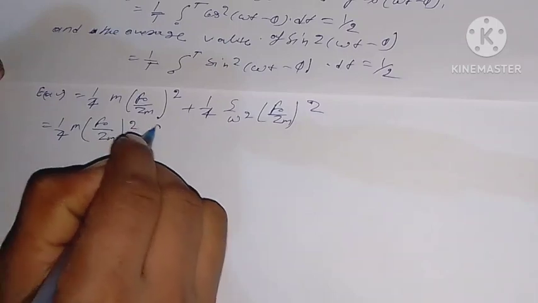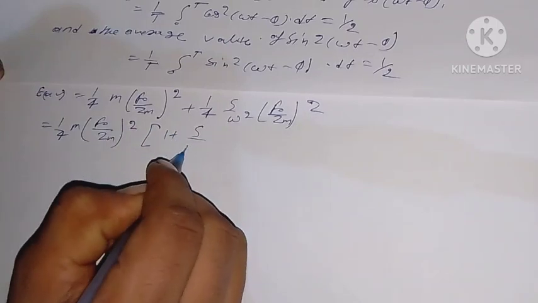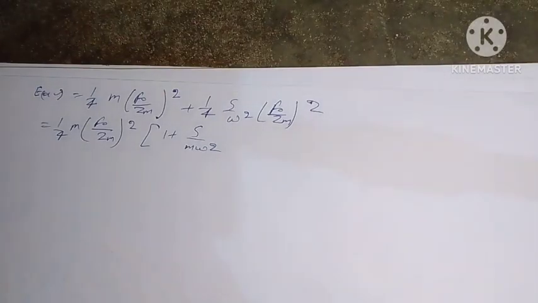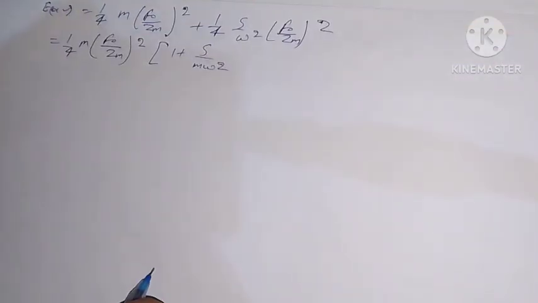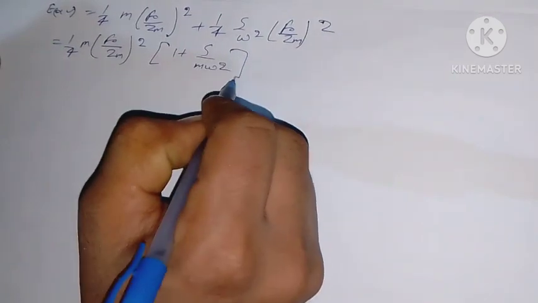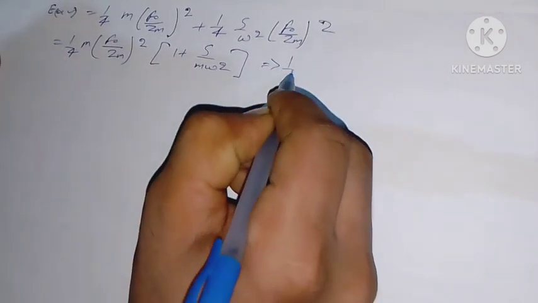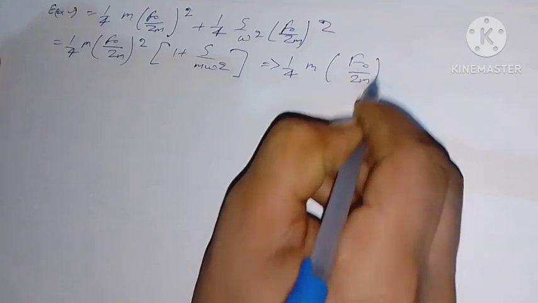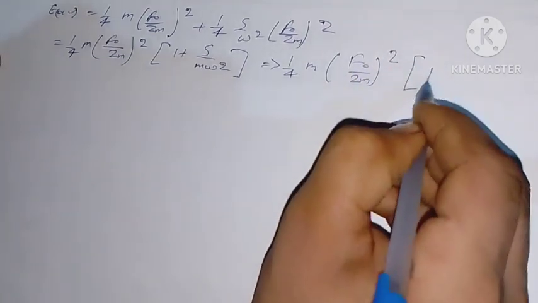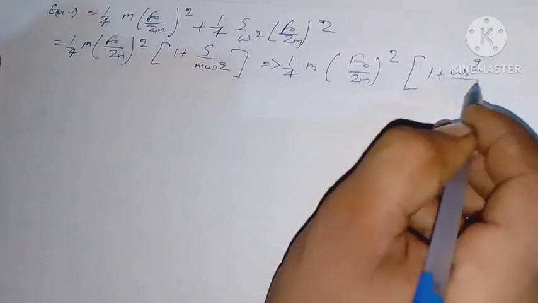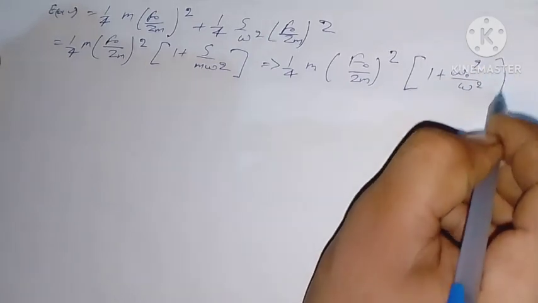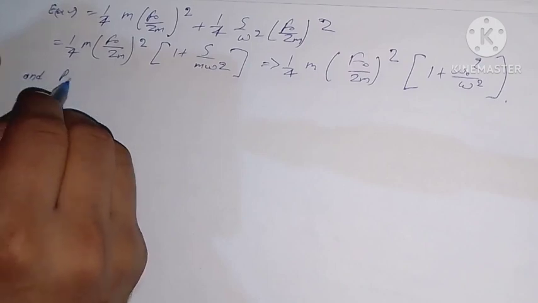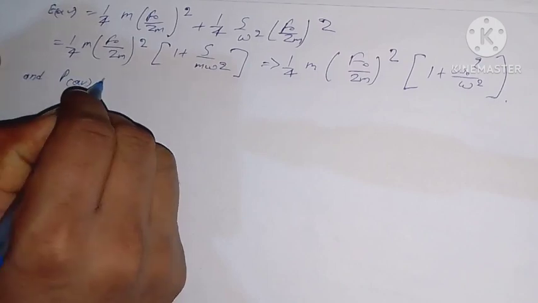That is 1 by 4 m (F naught upon Zm) square into (1 plus s by m omega square), that is 1 by 4 m (F naught upon Zm) square into (1 plus omega naught square by omega square).